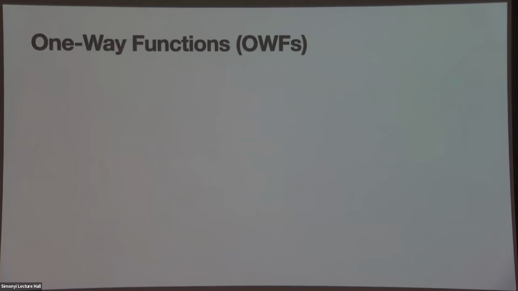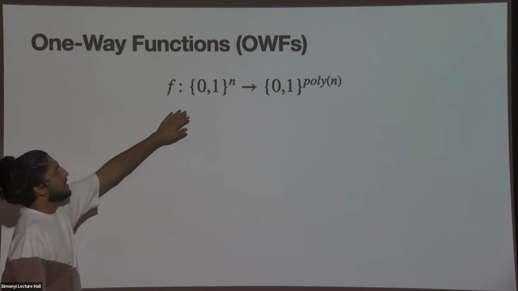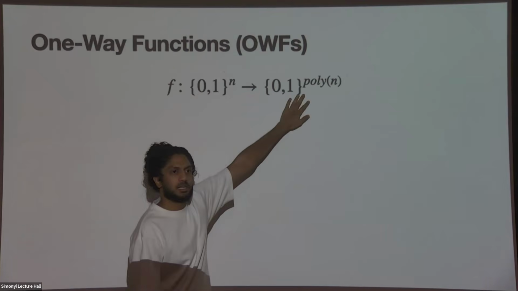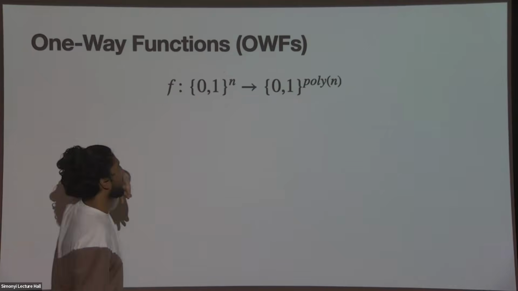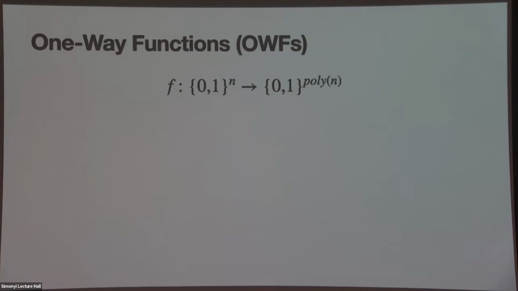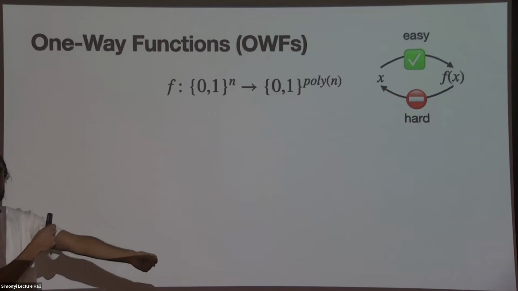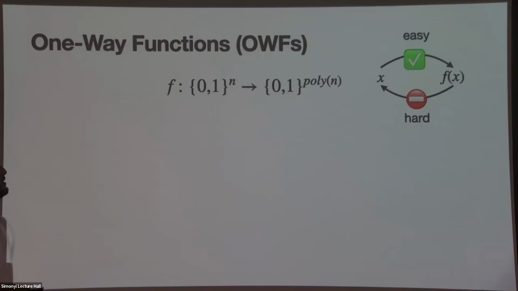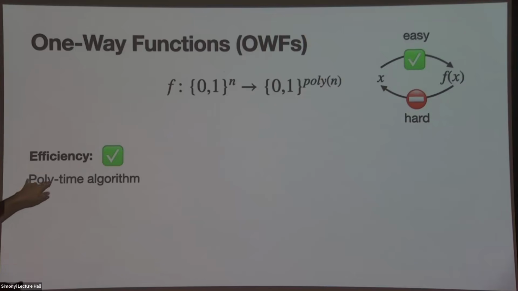Okay, one-way functions. So a one-way function is a function that maps n bits to, let's say, poly(n) bits. I'll assume it's greater than or equal to n. And the guarantee you want on a one-way function is intuitively as follows: it's some function that's easy to compute in the forward direction, but difficult to compute in the reverse direction. Okay? So what does that mean? What does it mean to be easy in the forward direction?